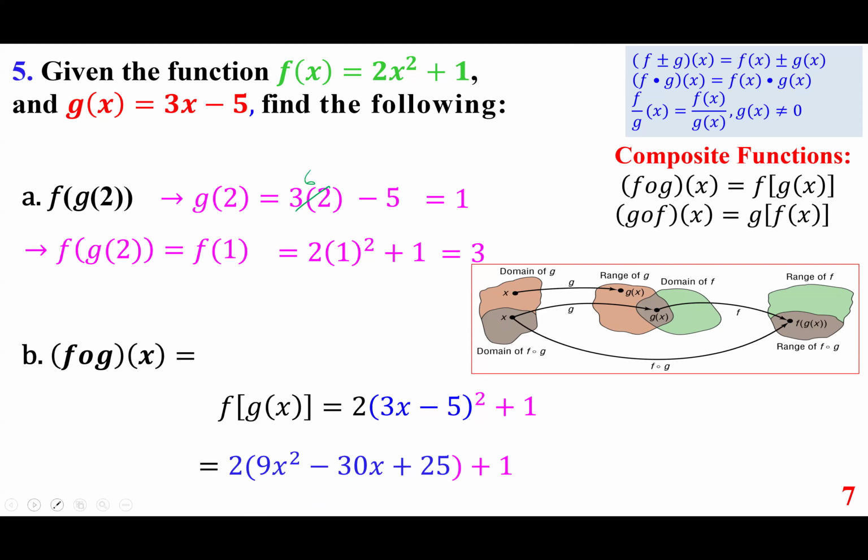Just to remind you, a plus b squared is a squared plus 2ab plus b squared. And if it has a negative sign here, it must have a negative sign here.